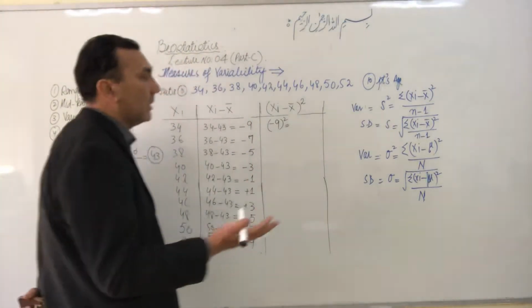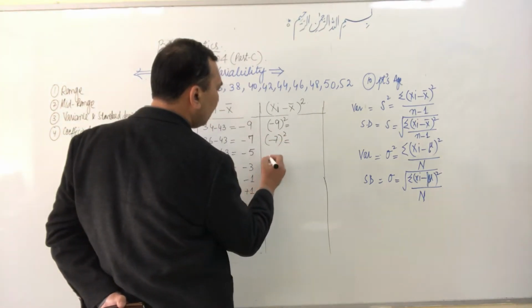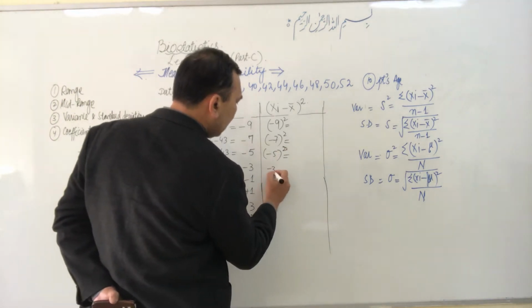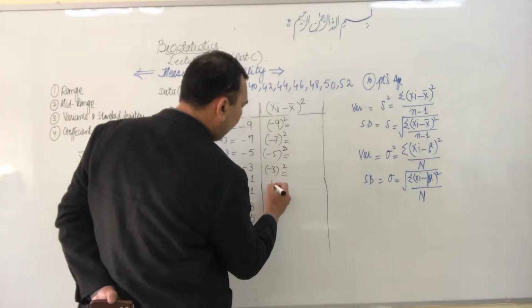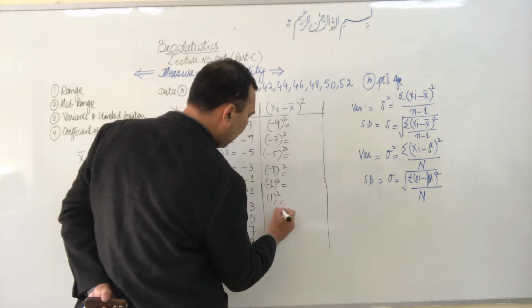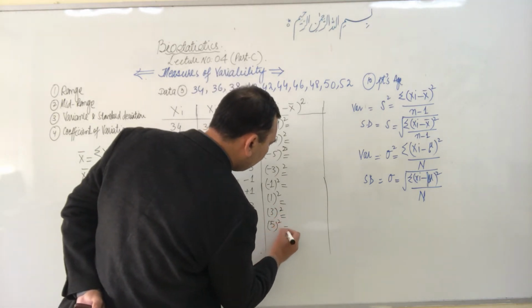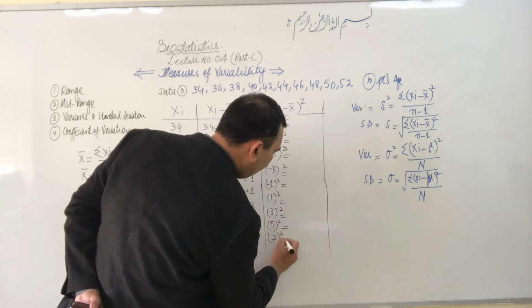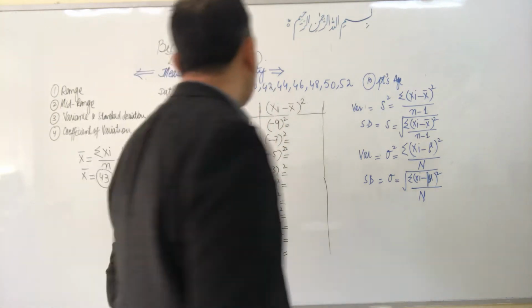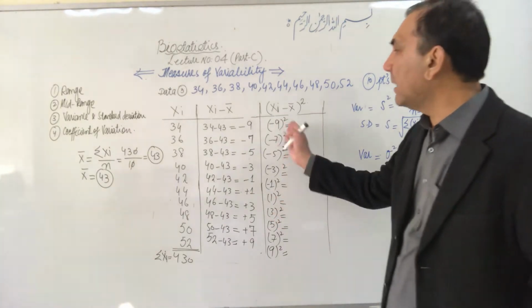Now minus 7 whole square, minus 5 whole square, minus 3 whole square, minus 1 whole square, 1 whole square, 3 whole square, 5 whole square, 7 whole square, and 9 once again whole square. You know if we multiply minus with minus, it becomes a plus.